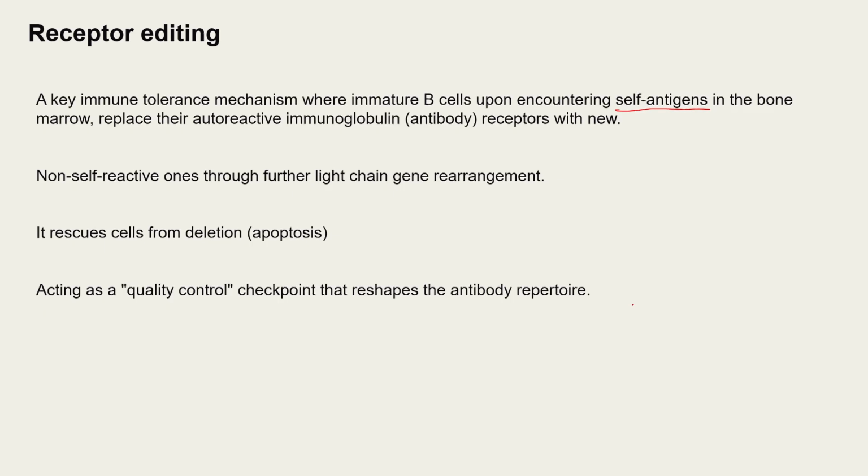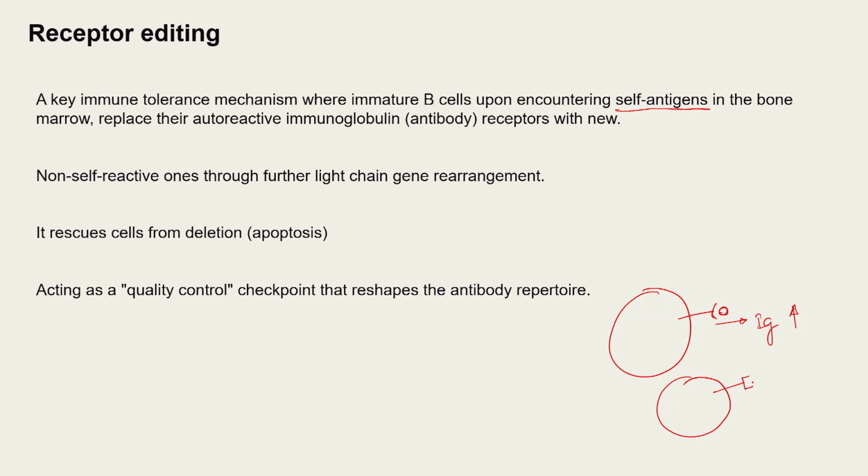Once you have a cell expressing a receptor that reacts to the self antigen, it is going to mount an immune response in the future. These immunoglobulins would be raised to fight against the self antigen, which is not required by the human body. So what is happening is an editing of the receptors.